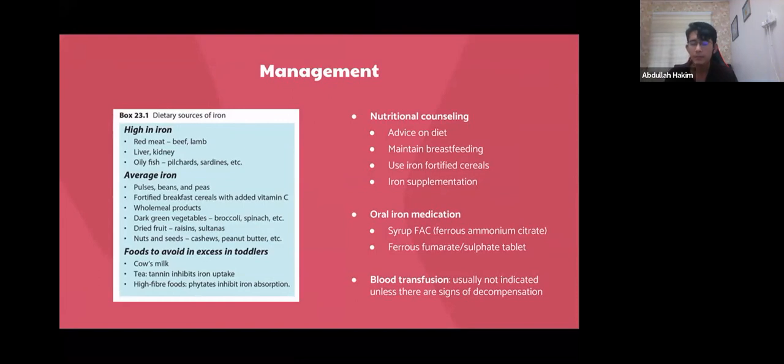And lastly, we can give blood transfusion, but it is usually not indicated unless there are signs of decompensation. So here are the dietary sources of iron. You can see for the high in iron, there are red meat, liver, kidney, and also oily fish. And you can see others.